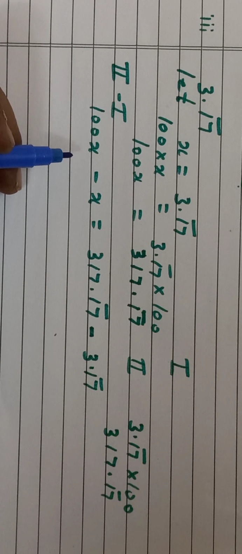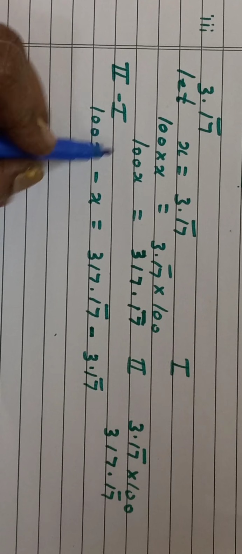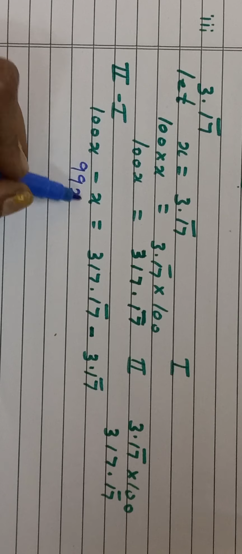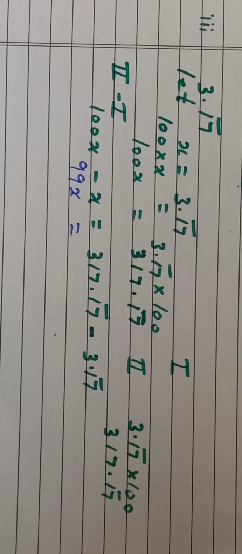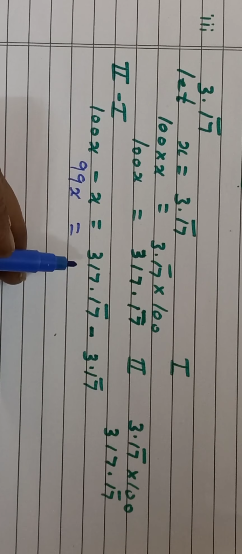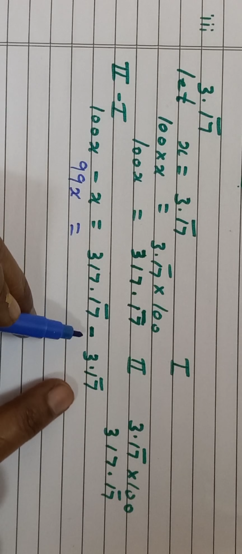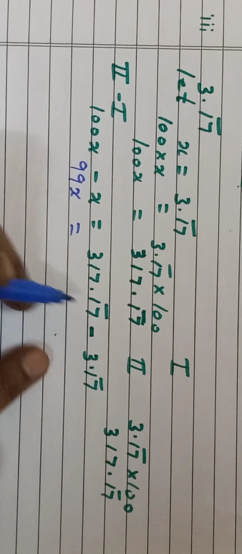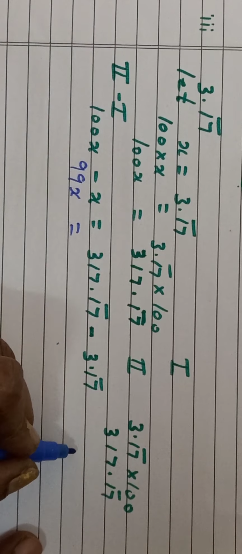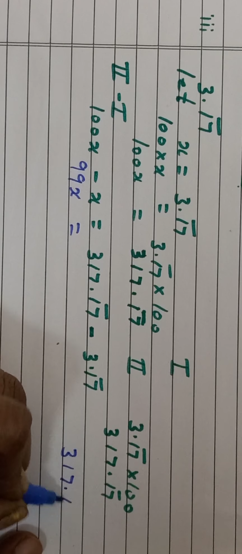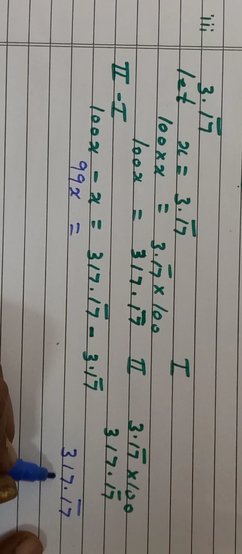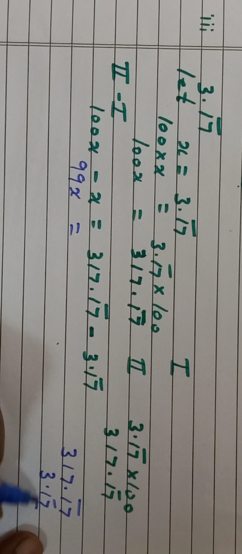Okay, so now this one is very easy. 100x minus x is 99x. So you can write 99x is equal to, now see, 317.17 bar here, 3.17 bar here. So what will happen?